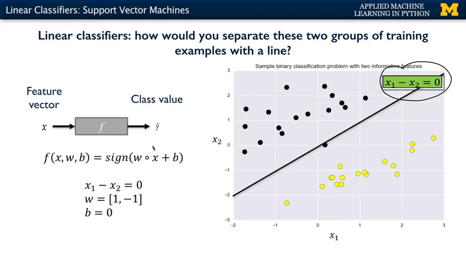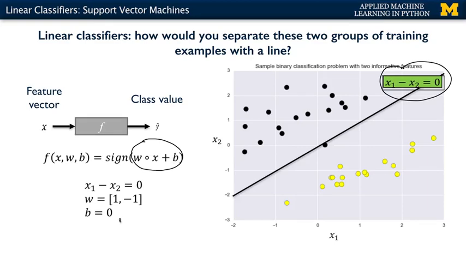So we can rewrite this x1 minus x2 equals 0 into a form that uses a dot product of weights with the input vector x. In order to get x1 minus x2 equals 0, that's equivalent to writing a linear function where you have a weight vector of 1 and -1 and a bias term of 0.